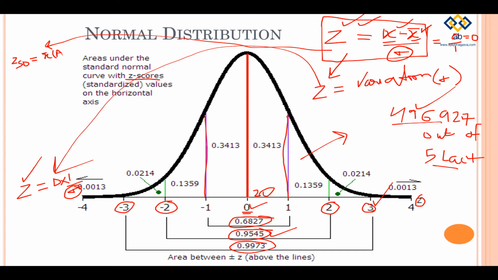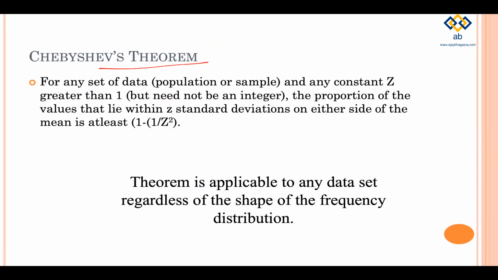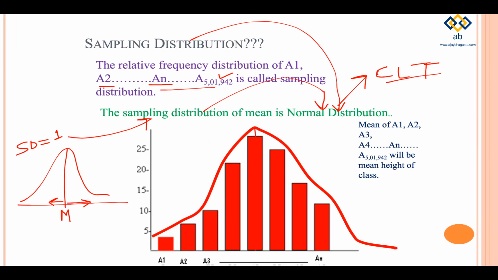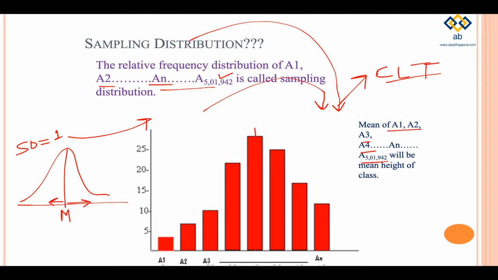Why? Because in sampling distribution our observations are means, they are not simple observations. That is what I have told you. So minus, this will be x double bar, instead of x bar it will be x double bar. And why x double bar? Because you remember this slide, the mean of a1, a2, a3, an is equal to the mean height of the class, which is x double bar, right?